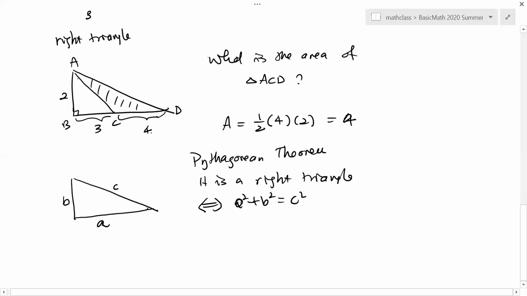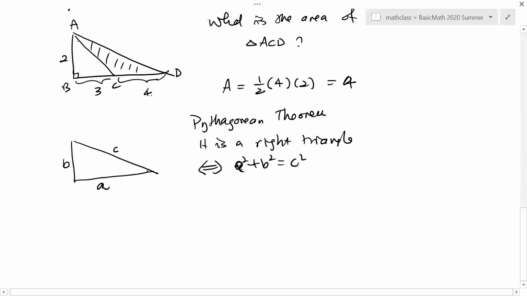As long as the 3 sides satisfy this equality, it is a right triangle, and the angle between A and B is the right angle.